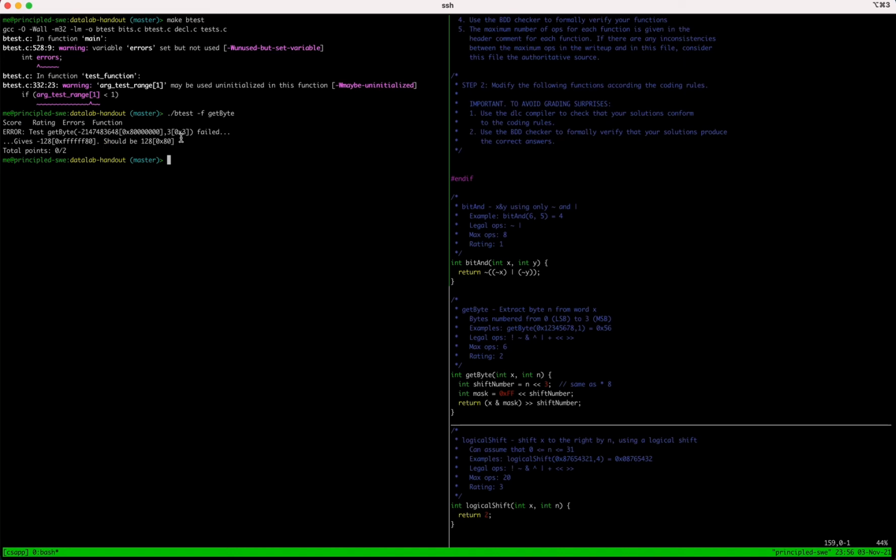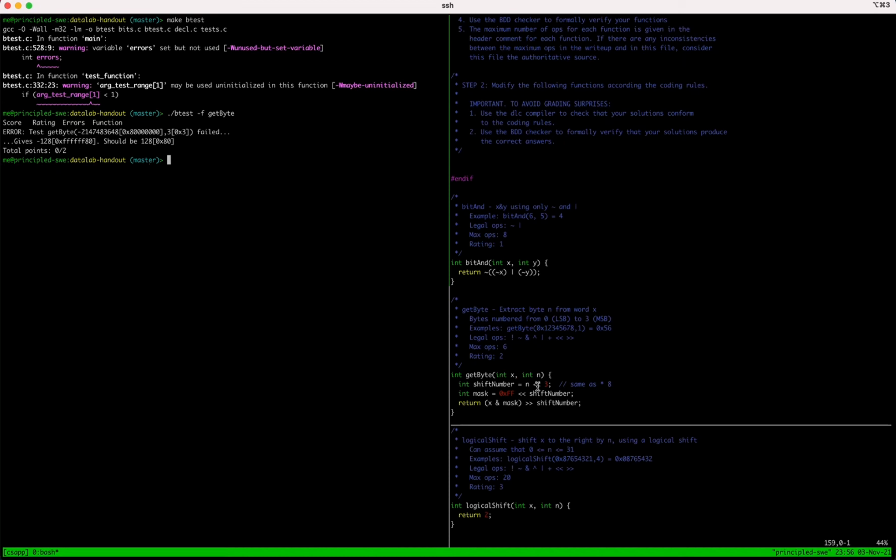Let's look at the error. Given this particular input, it is expecting a hexadecimal number of 80. In fact, we are returning this negative number with all the FFF in front of this number. What is causing this?